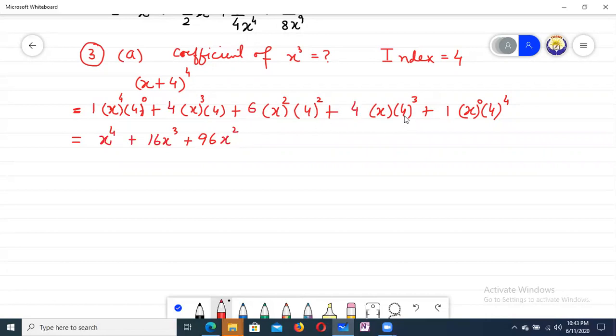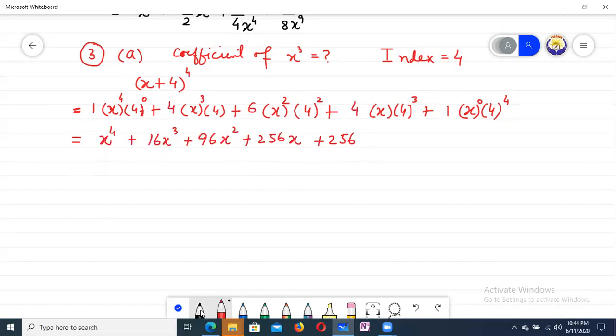Here is 4 cube, 64. 64 fours are 256, x plus, in the last term, x raised to the power 0 is 1. 4 raised to the power 4 will be 256. This is the expansion of x plus 4 raised to the power 4.